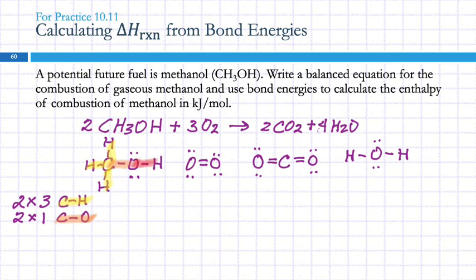And then we have oxygen-hydrogen bond. How many of those are in that Lewis structure? There's 1, but we've got 2 moles of the compound. That make sense? And then we've got the other reactant.